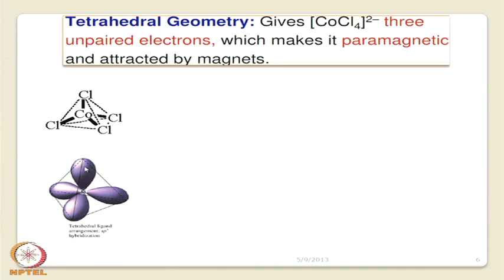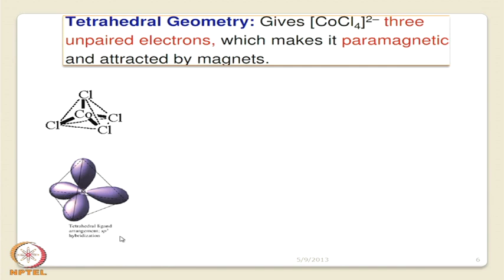So, these are the 4 sp3 hybridized orbitals, which are so disposed that they are occupying the corners of a regular tetrahedron. If we conceive this tetrahedron within a cubic symmetrical arrangement, then alternate corners of the cube will be occupied by the 4 ligands. So, in an ML4 species, this chlorine, this chlorine, this chlorine and that chlorine will be occupying the 4 alternate corners of a regular cube geometry.